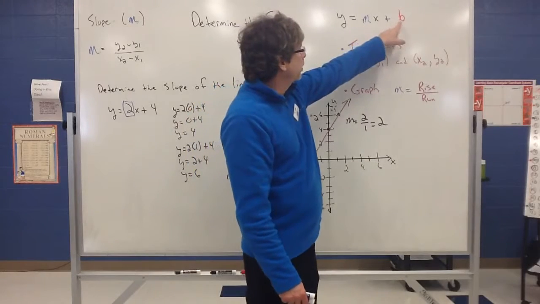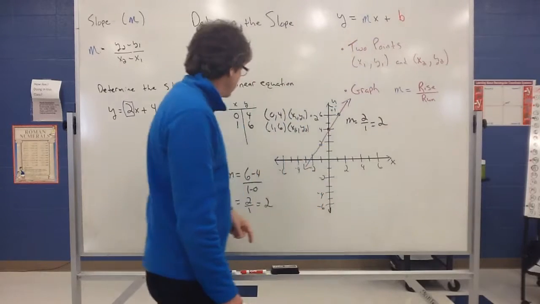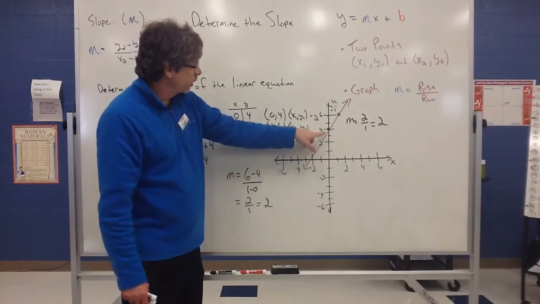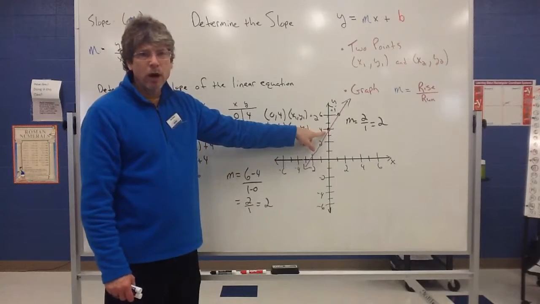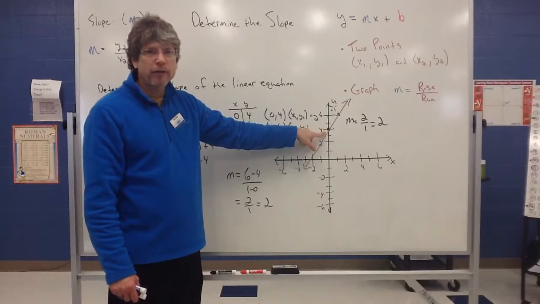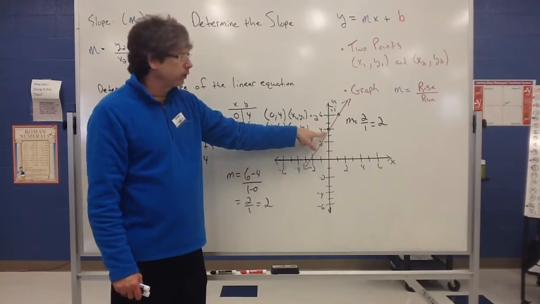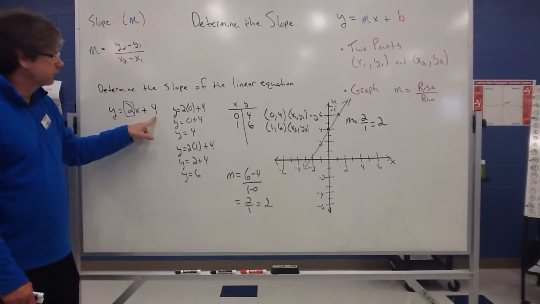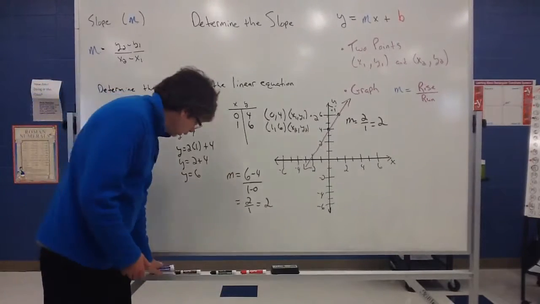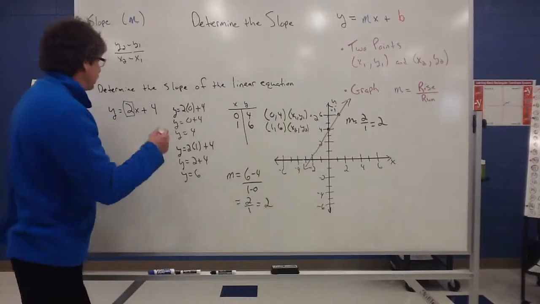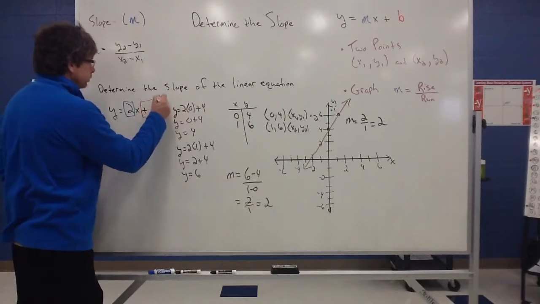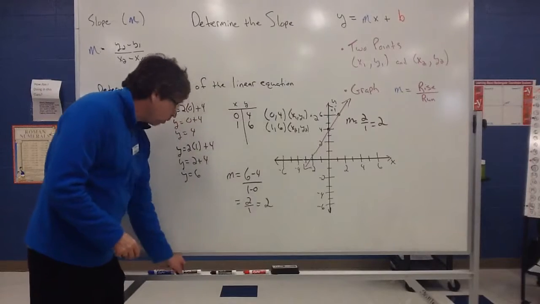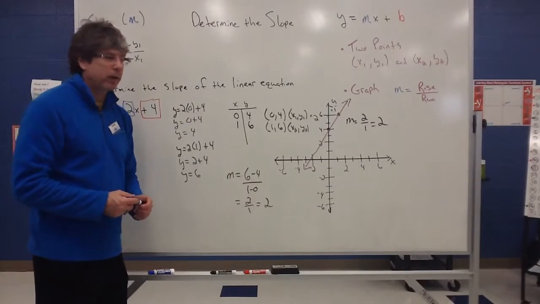And another thing we pick up on is this b. Notice that when we plotted 0, 4, that 0, 4 was what we call a y-intercept. That's where the graph crossed the y-axis. Notice that the constant here is a 4. So that 4 is an indicator that that very well could be what we call the y-intercept.